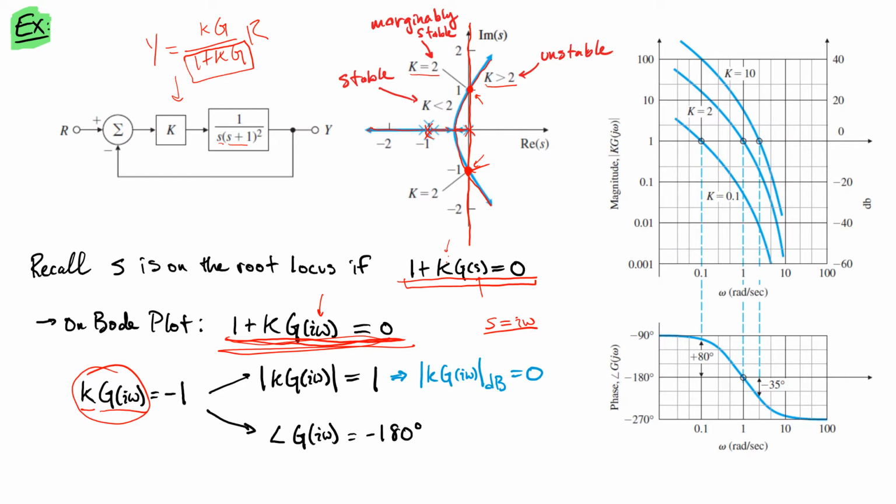So what we're saying here is that the magnitude is 1, and the phase is some multiple of 2 pi plus 180. Let's take a quick diversion to understand why I have this minus sign here.